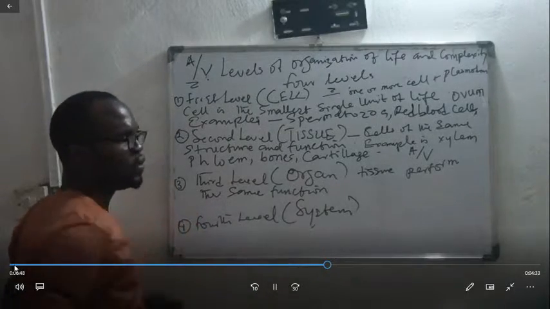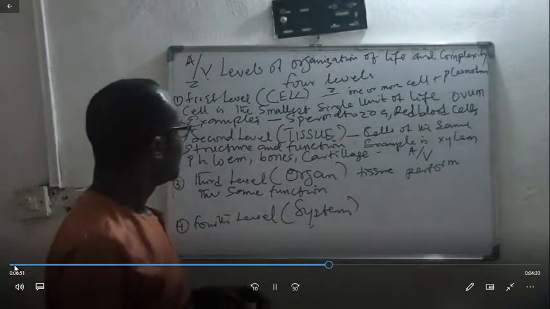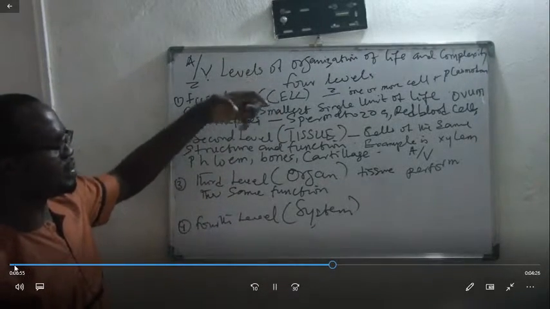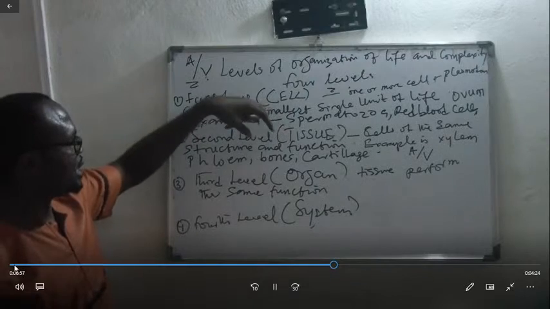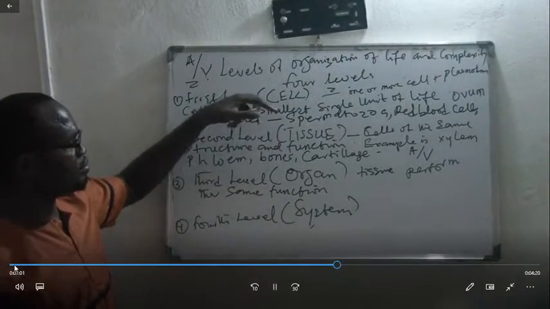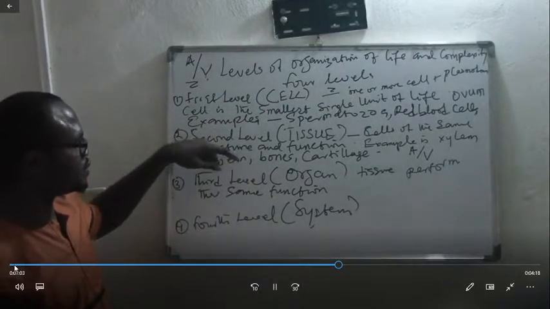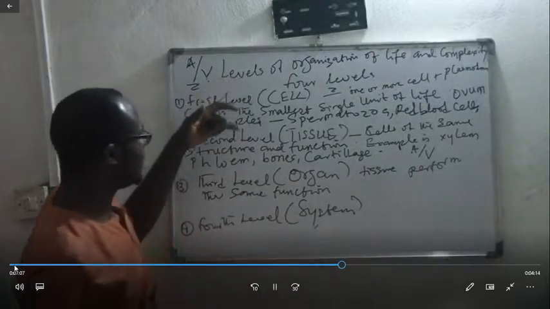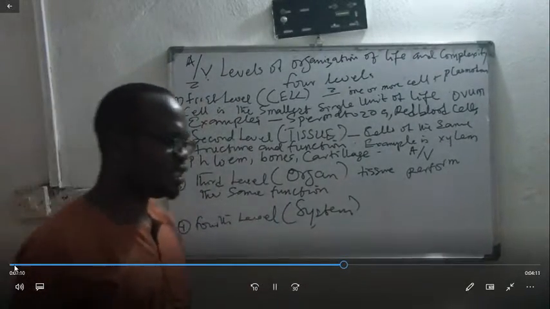They form what we call what? Organ. In the first level we say that when you have more than one cell that perform the same function and have similar structure, they form tissue. Now when more tissue that perform similar function come together, they form what we call what? Organ. From here you get to this one, then you get to the third level.